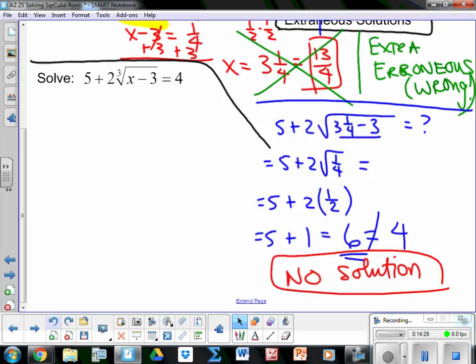Now, please note, this only happens when we're talking about square roots, fourth roots, sixth roots, eighth roots, and even roots, okay? Remember from our playing around with cube roots, you can cube root a negative and get a negative answer. That's legit. You can cube a negative number, you will get a negative answer from that.